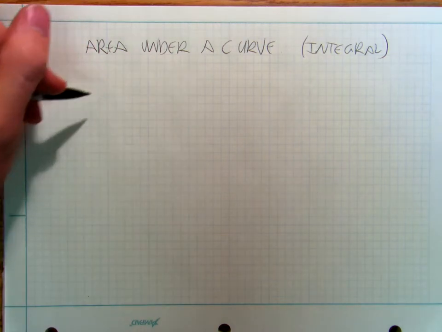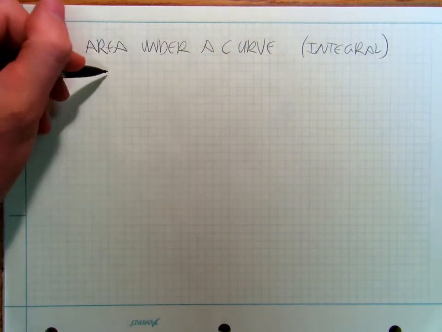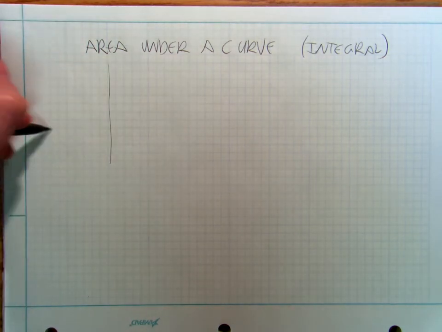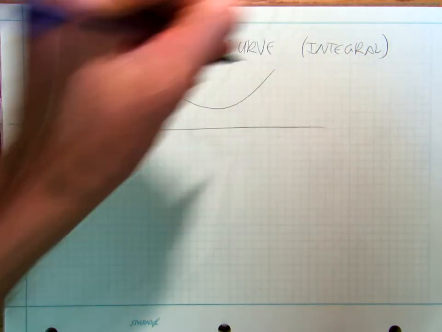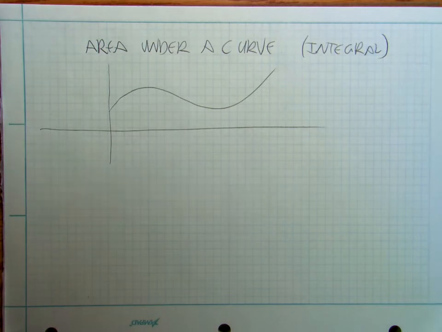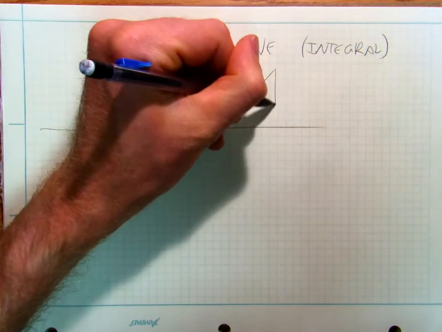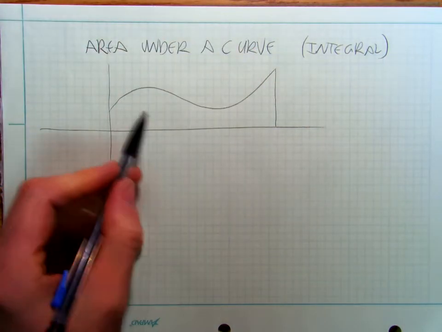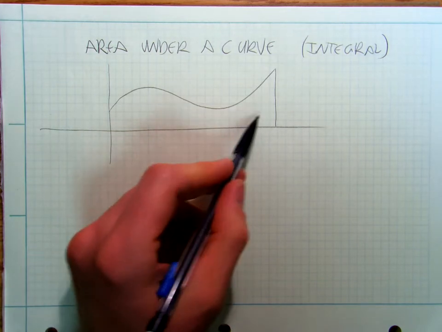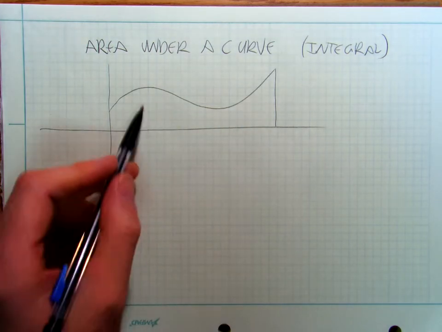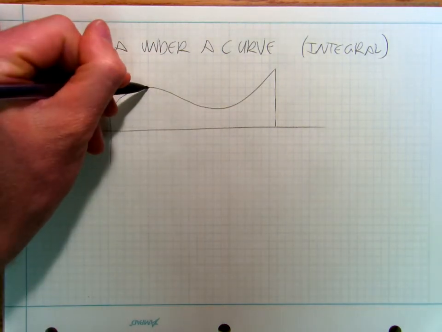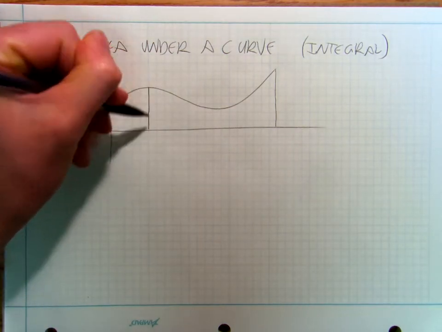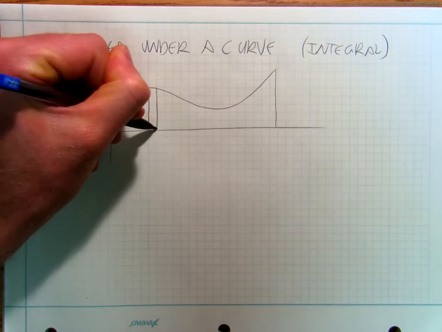So then what we're going to do is come back with another squiggly, my good old cubic squiggly. And I want to know, what is this area in here? Well, what I'm going to do is break it down into a series of boxes.